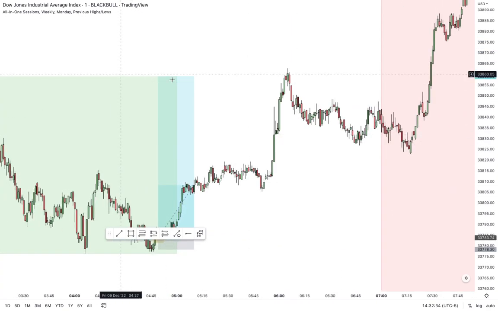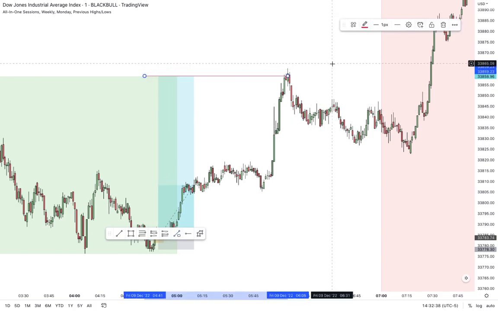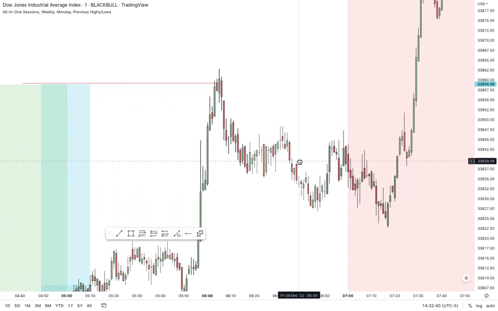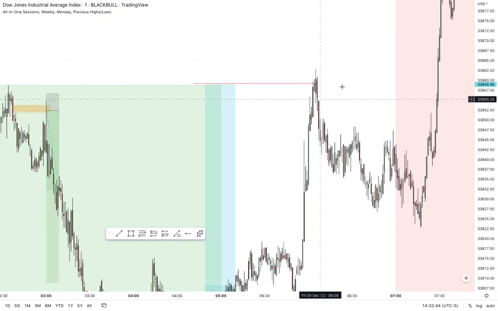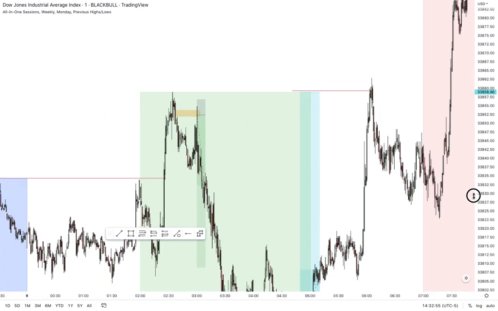So after this London kill zone highs, once we swept these highs, I was looking for a short. This short entry would have been with 0.30 or 0.50% of my risk, because you know the reason.